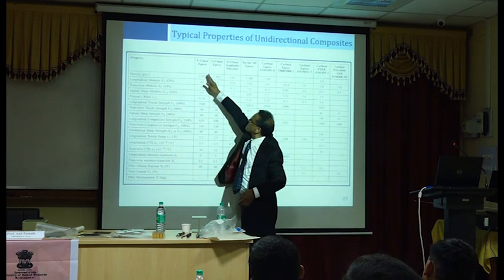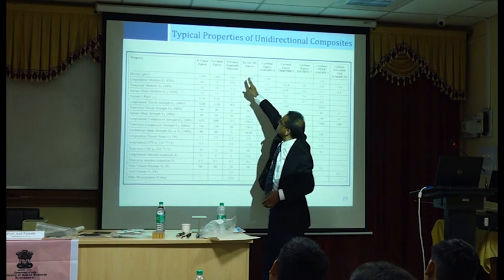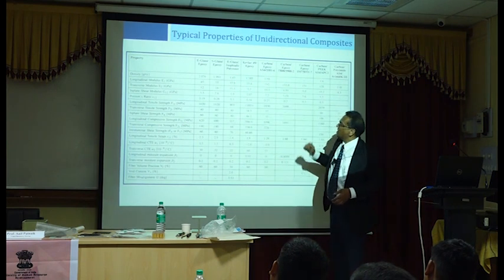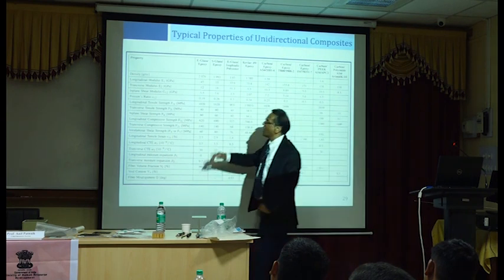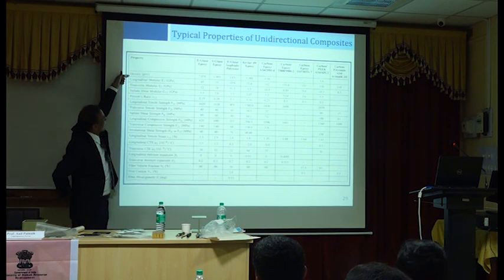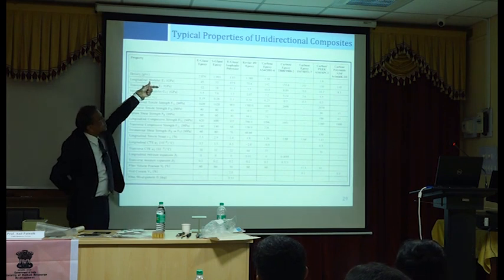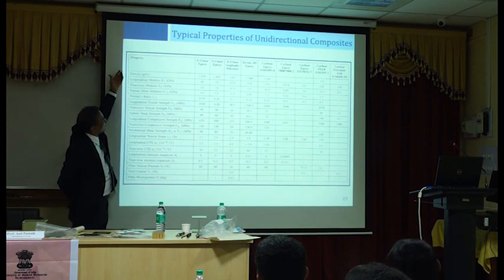So if you use this, you have one set of properties. If you use E-glass with something else, you have another set of properties, and so on and so forth. So here we have many different properties. Density is one thing. It's 2.07 to 1.6, so 1.6 to 1.2, something like that.